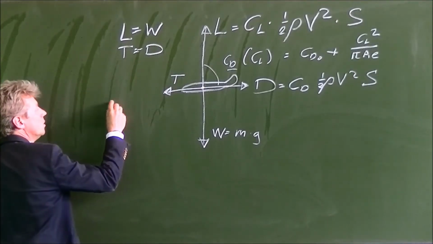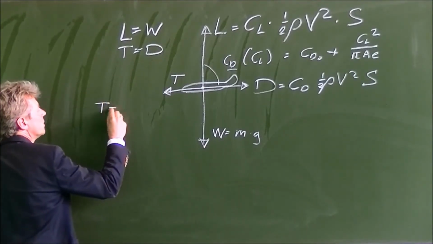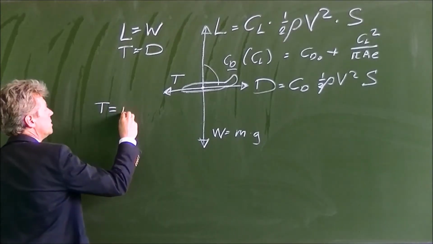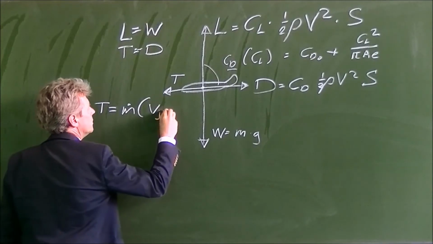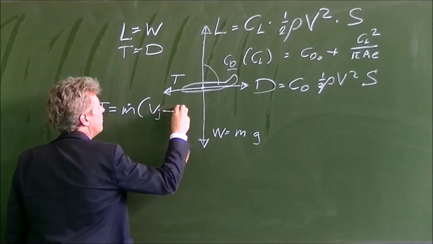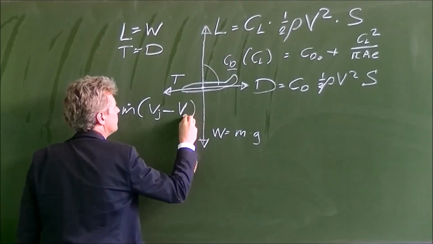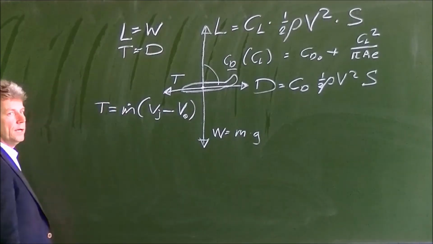And for the thrust, of course, we also know from the propulsion lecture that it is the mass flow times the jet speed minus the initial speed of the air when it enters the engine.